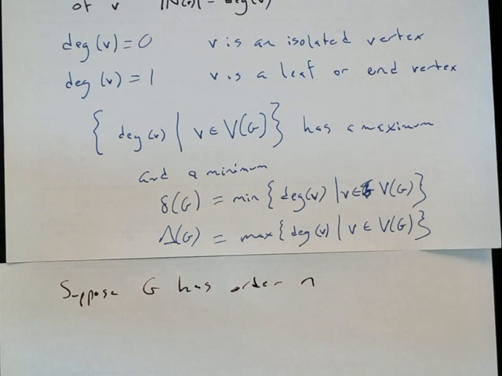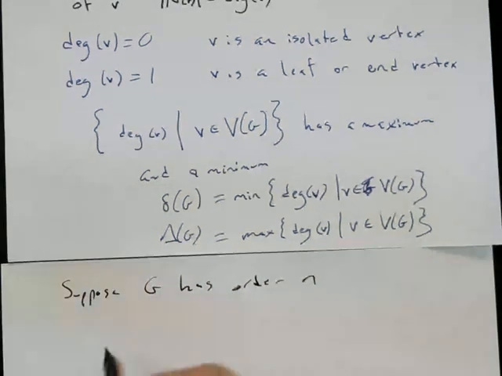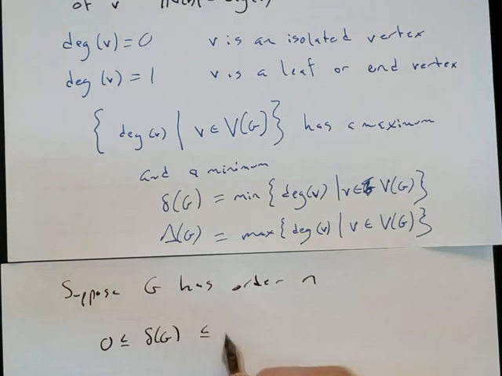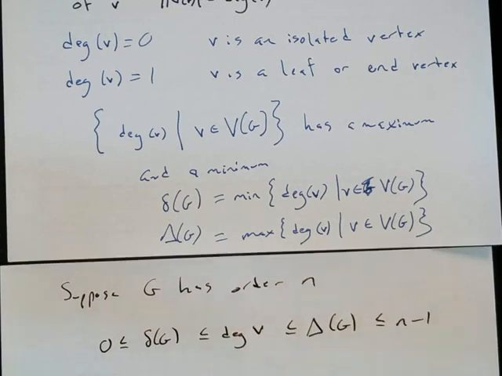If every vertex in the graph is connected to this vertex, I can't be connected to myself. Because I'm in a simple graph, no loops, at the n minus 1. So I have for every vertex v.